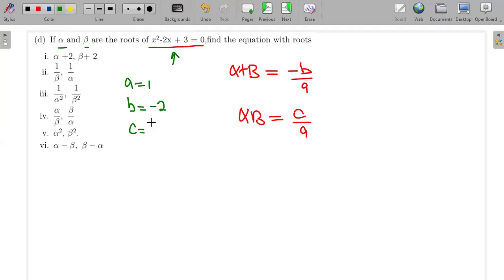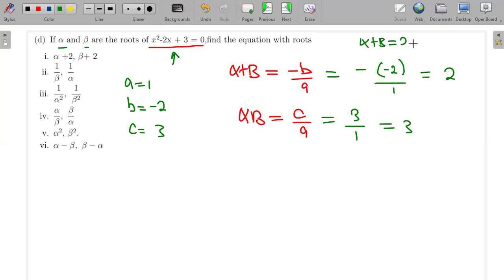My c is just a constant. So this will be minus b, which is minus 2, divided by a, which is 1. So this will just be 2. And then c is 3, divided by a, which is 1. This will just be 3. So alpha plus beta is equal to 2, and alpha multiplied by beta is equal to 3. That's what we have there.